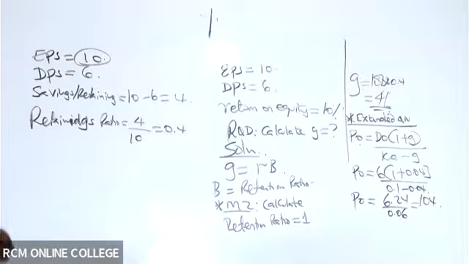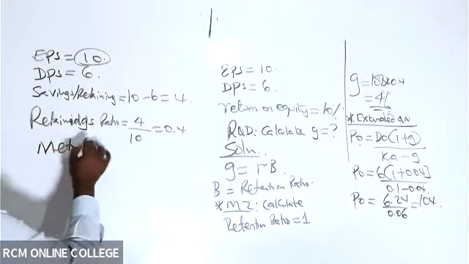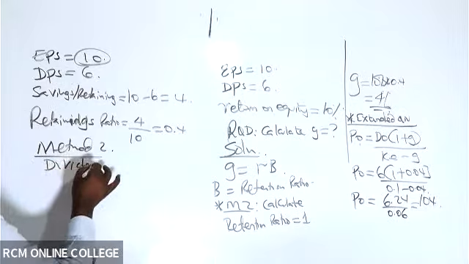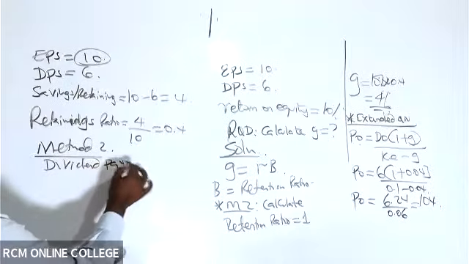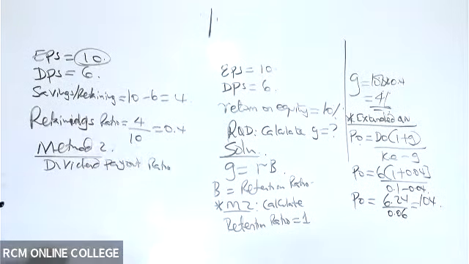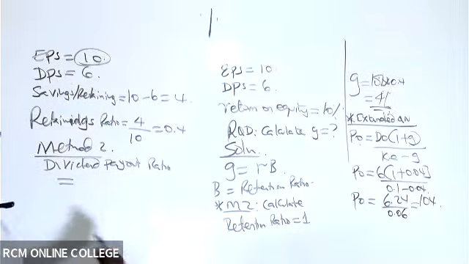So how much have you saved vis-a-vis what you earned? 4 over 10. So this would be 0.4. You can as well use method 2. Under method 2, we have what we call the dividend payout ratio. How do we get the dividend payout ratio?